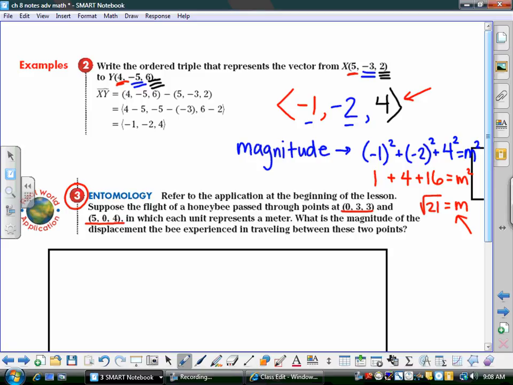So they're asking you to find the magnitude. I'd like you to do an ordered triple first and then find the magnitude. So let's pause the video and see if you can write an ordered triple for a vector that goes from (0, 3, 3) to (5, 0, 4), and then also find the magnitude of that vector.